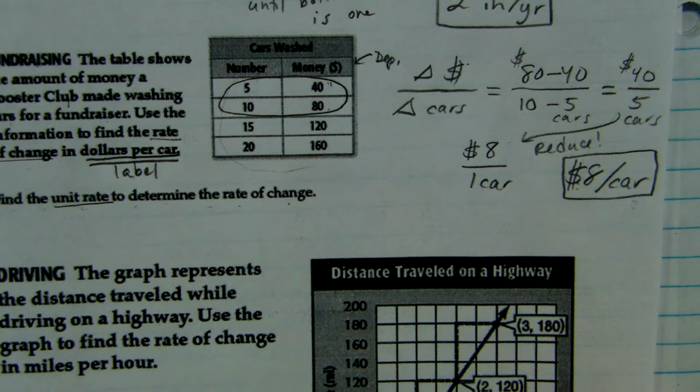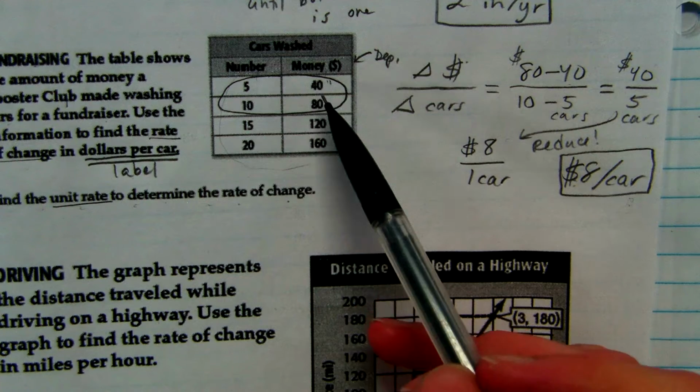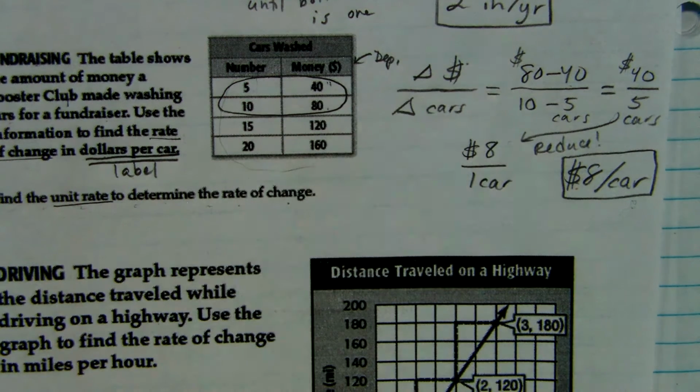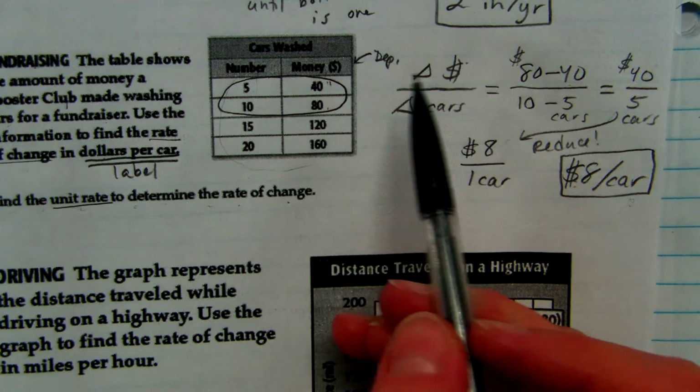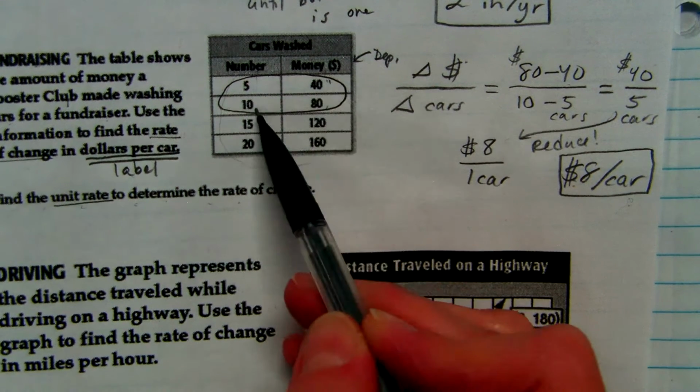Why did you only use those 2 numbers? Can you do that? Because if this is a straight line, which is what we have to assume if they tell us to do rate of change or unit rate, I only need a y2 minus y1, x2 minus x1.